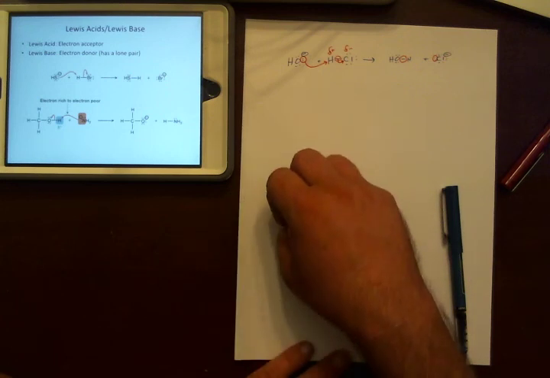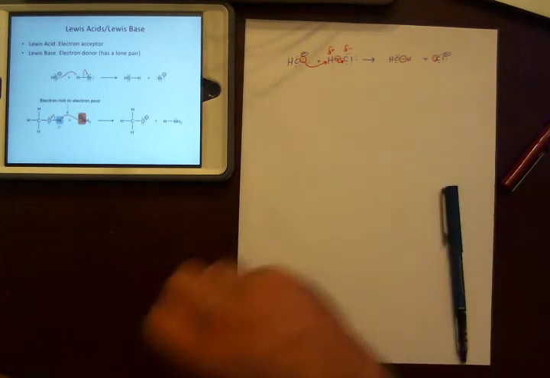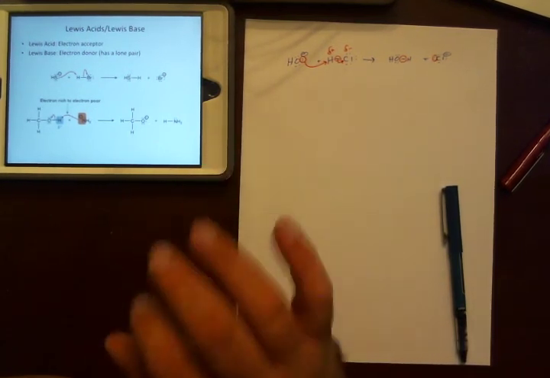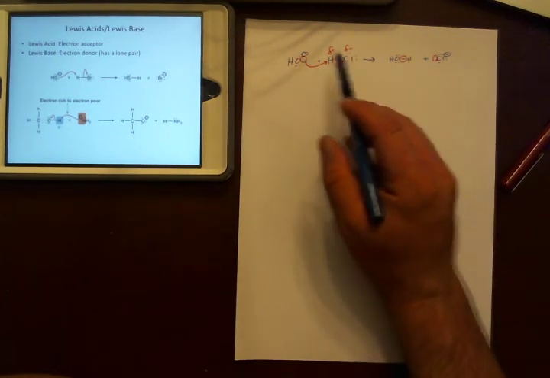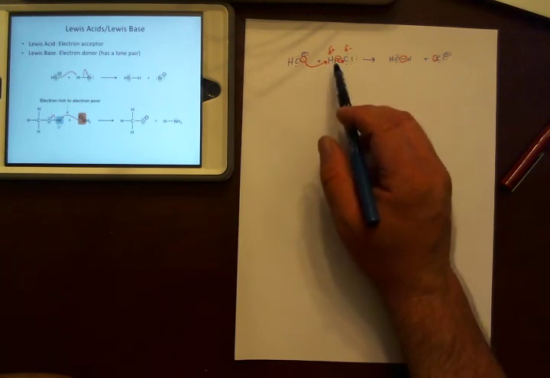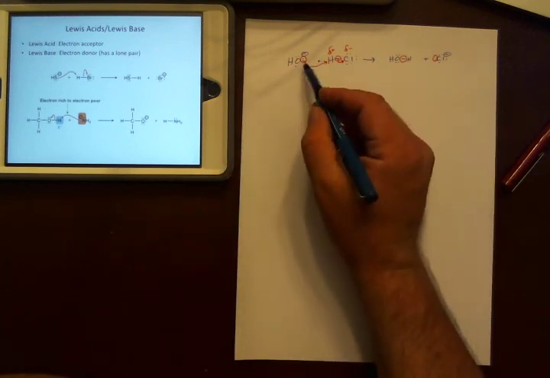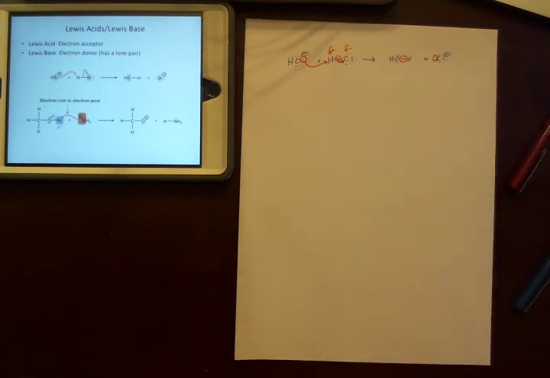If you're a Bronsted base, you're also a Lewis base, but Lewis bases are a much larger group because there are a lot of different elements other than hydrogen that can move around. But the concepts are still exactly the same. You're always going to go from electron rich, your Lewis base, to the Lewis acid, which is electron poor, because that's why it's got the partial positive there. It's still going to be a lot of this lone pair to bond to lone pair situation.